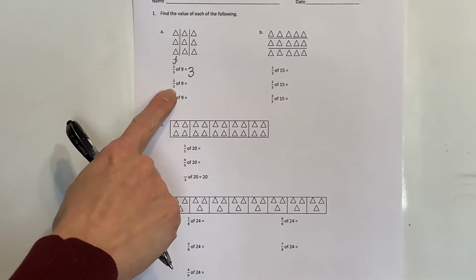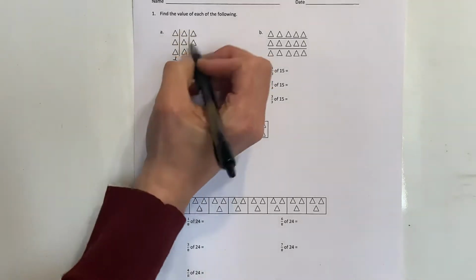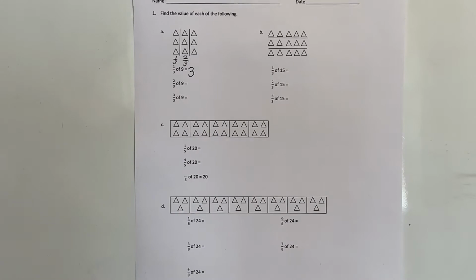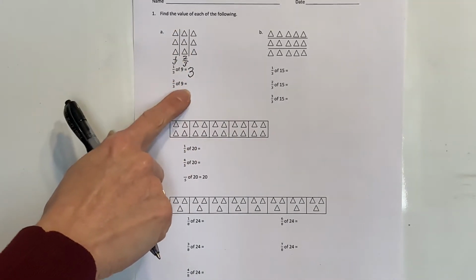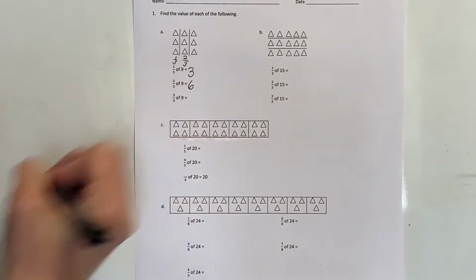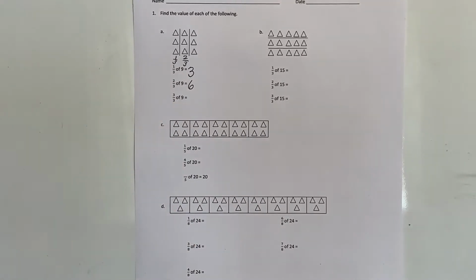So if we move on and we look at the first two groups, we've got 1/3 here. This would be 2/3. So we've got 2/3 of 9, or 2/3 times 9 equals 3, 6. 6. 3/3 of 9. Well, remember we talked about this yesterday. 3/3 is the same as a whole, or one whole.